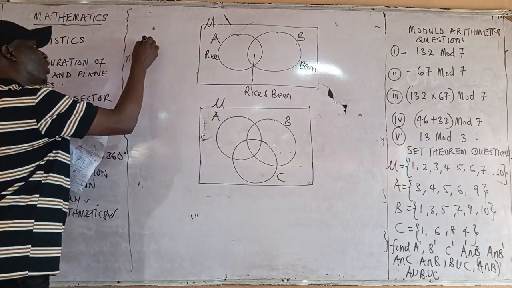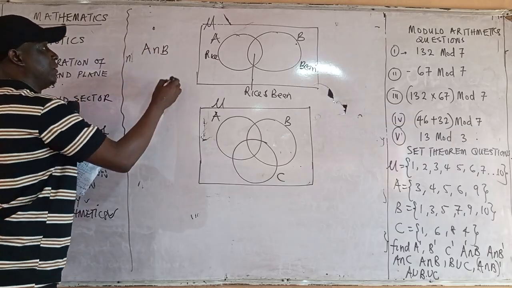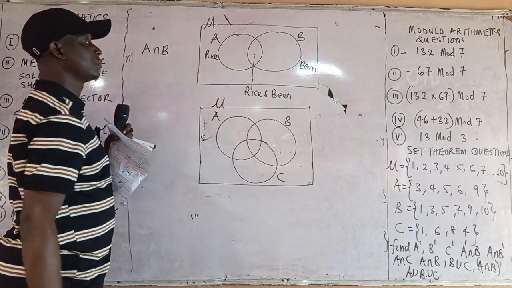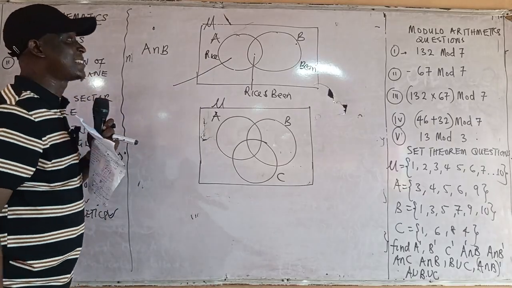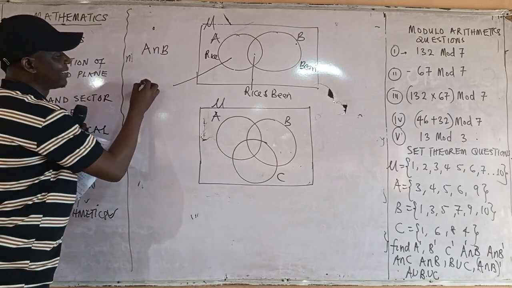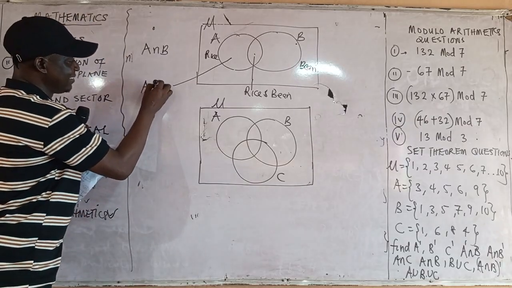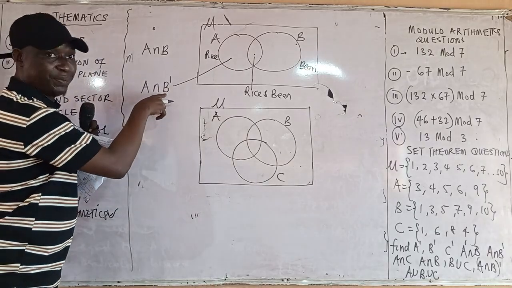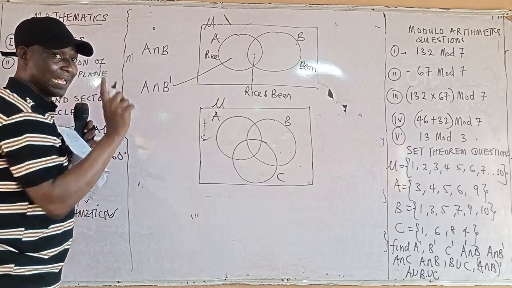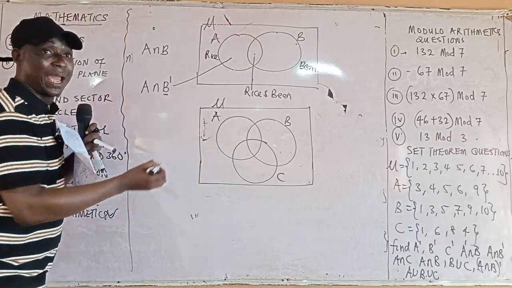We interpret it as A intersection B. That is this middle. These ones are people that eat rice only. How do we write it? We write A intersection B prime. That means not beans but eat rice. I told you B prime means not.